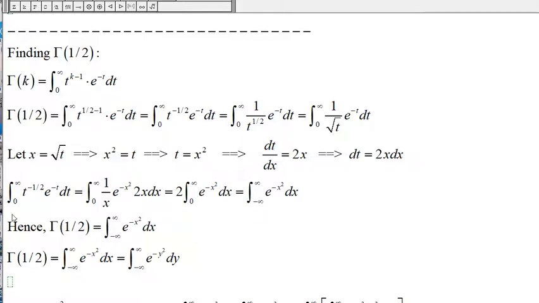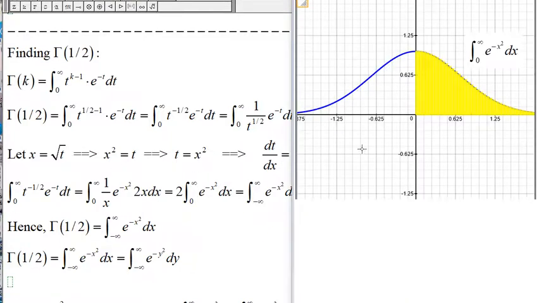This is the graph for the function e to the negative x squared. This integral right here, the integral from 0 to infinity, represents the area under the graph, between the graph and the x-axis, from 0 to infinity.